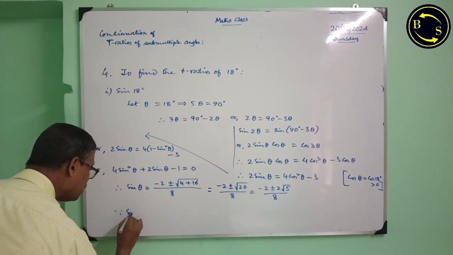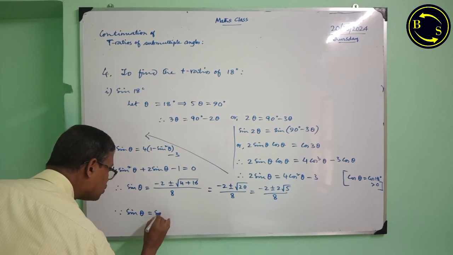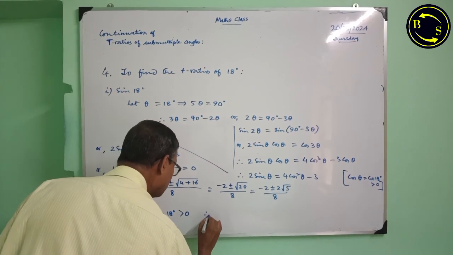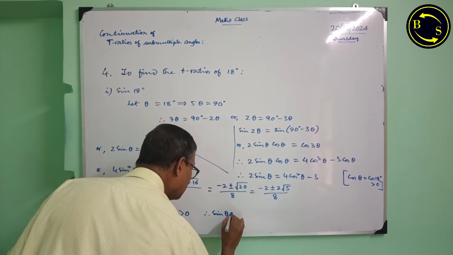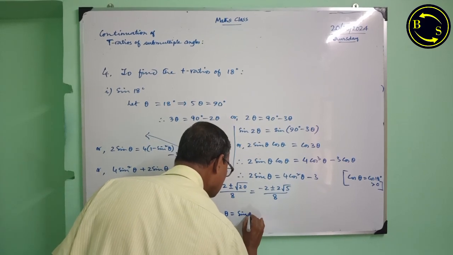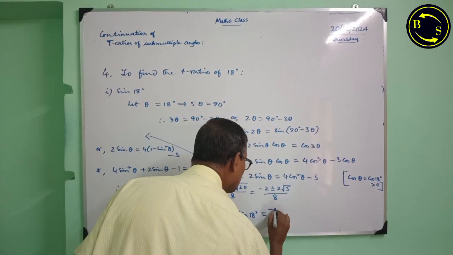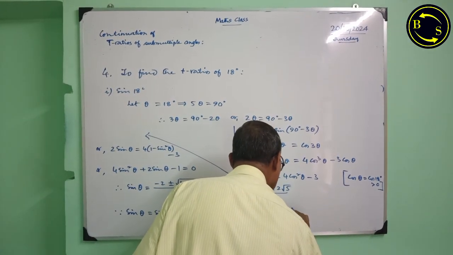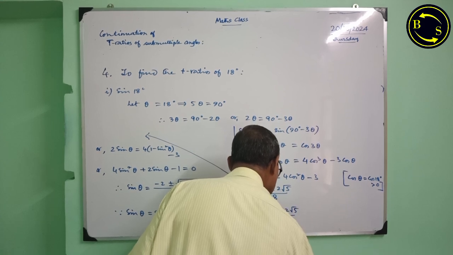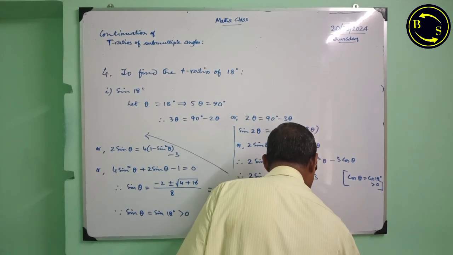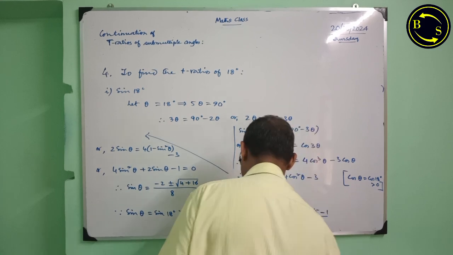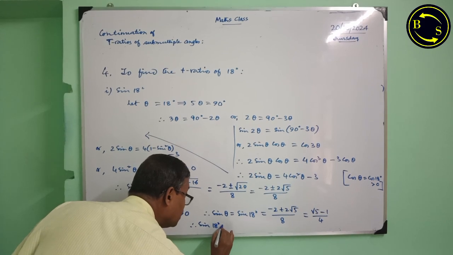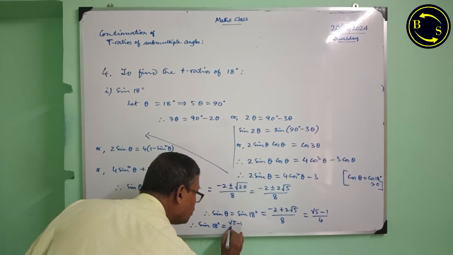Since sine theta means sine 18 degree, which is of course positive, we have to consider here the positive sign: minus 2 plus 2 root 5 by 8, that is root 5 minus 1 by 4. Thus we get sine 18 degree equal to root 5 minus 1 by 4.